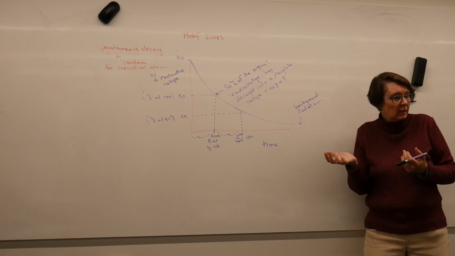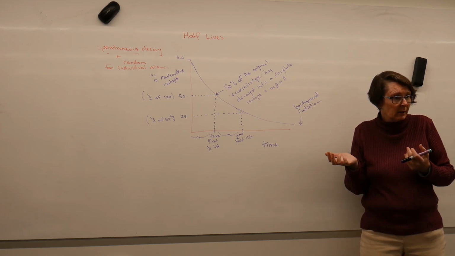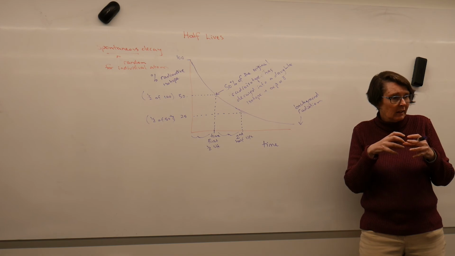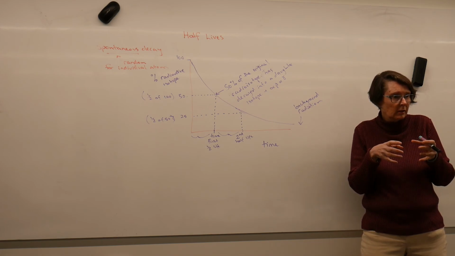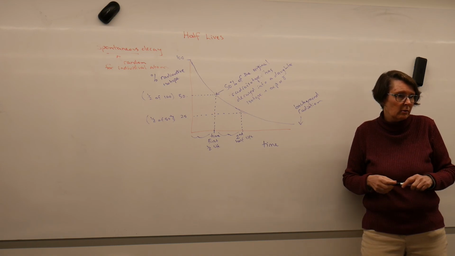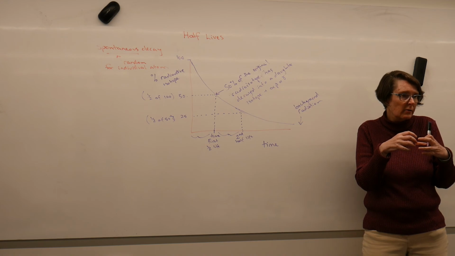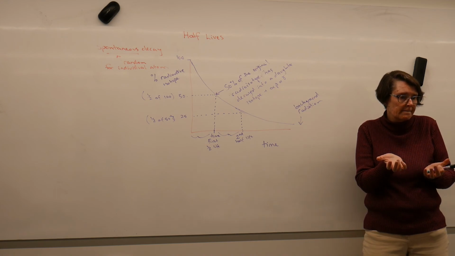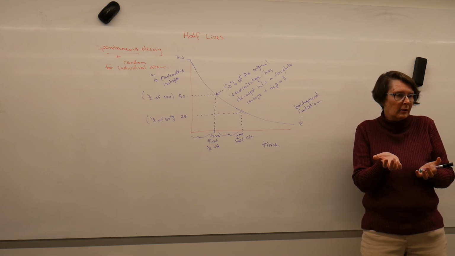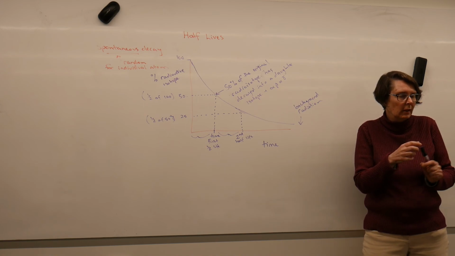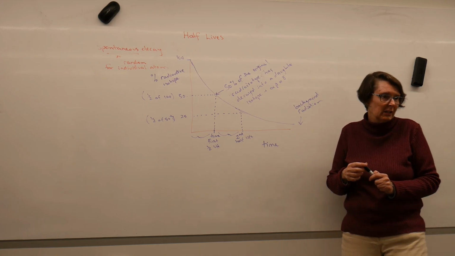But if this was in a container as well, then all of the released particles would still be in that container if it was an alpha emitter. They would be contained in there as well, even if they weren't part of the original. They might be stuck in the walls of the container.